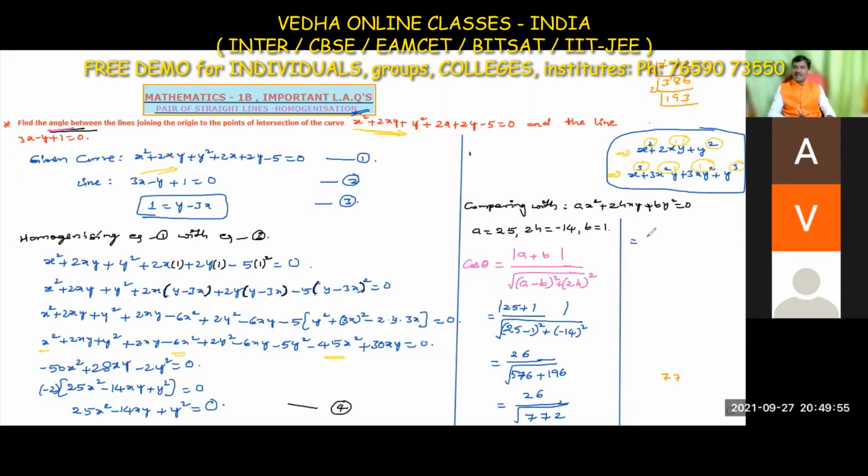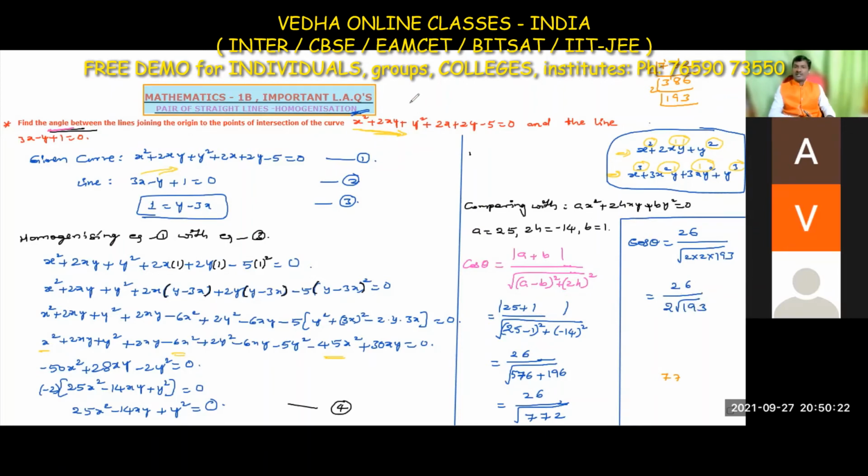we can write this as cos theta is equal to 26 divided by 772. We can write it as 2 into 2 into 193. Now this is equal to 26 divided by, so 2 into 2 is 2 square, we can write the 2 outside and the root of 193.